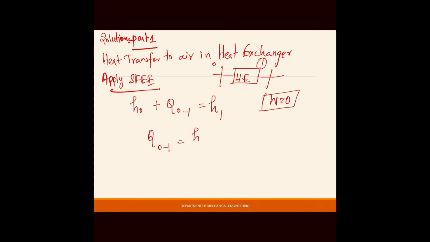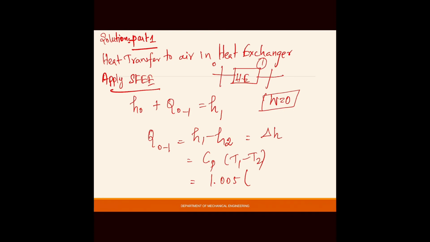So now the equation is H1 minus H0, denoted by del H. How to write del H? Cp multiplied by T1 minus T0. We already know the Cp value of air is 1.005.